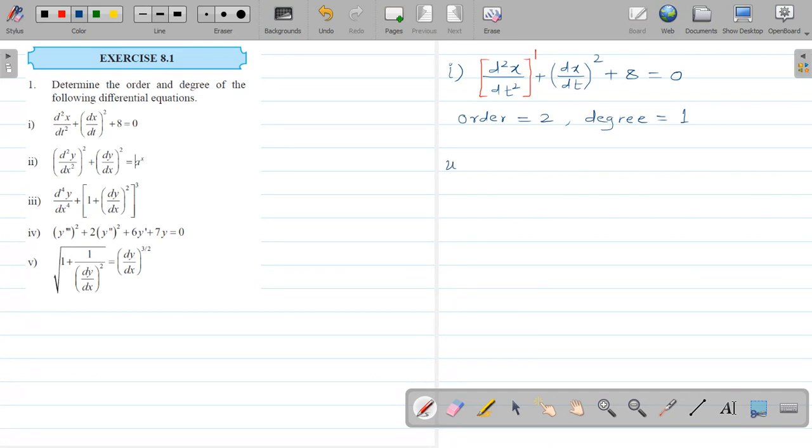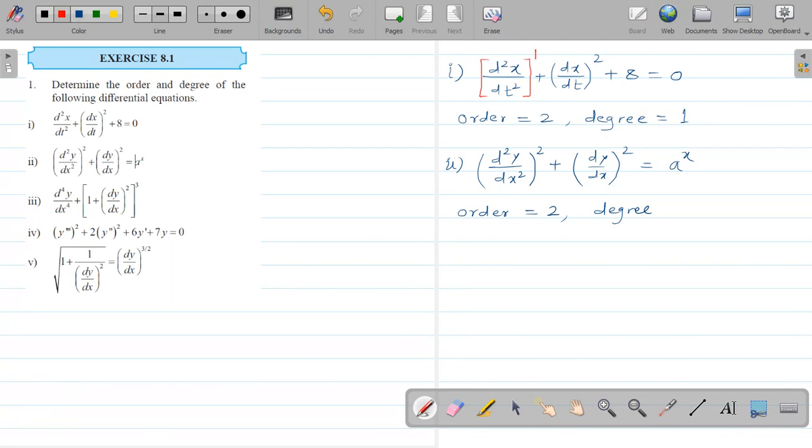Now let us consider the second differential equation. See here, d square y upon dx square raised to 2 plus dy by dx raised to 2 is equal to a raised to x. In this case also, the highest order derivative is the second order derivative, and the degree is the power of the highest order derivative.